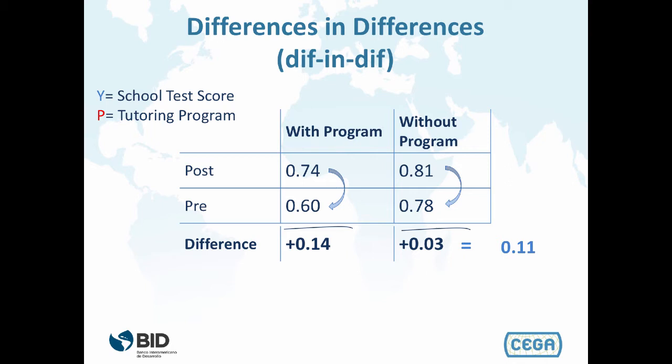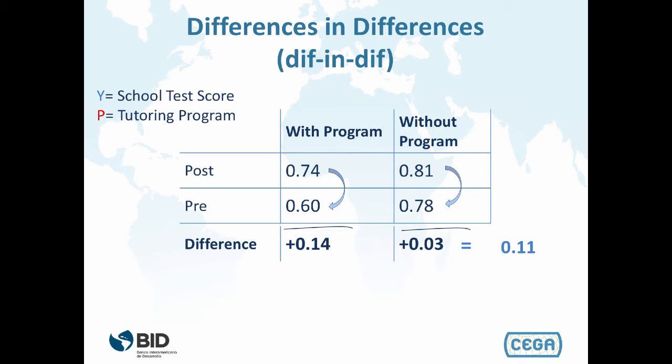So what do we do then? We take the difference with the program, pre-post with the program, and subtract out the difference pre-post without the program to get 11%. The difference with the program picks up both the effect of the tutoring and the effect of factors that change over time, and the difference without the program measures the effect of factors that change over time on test scores.